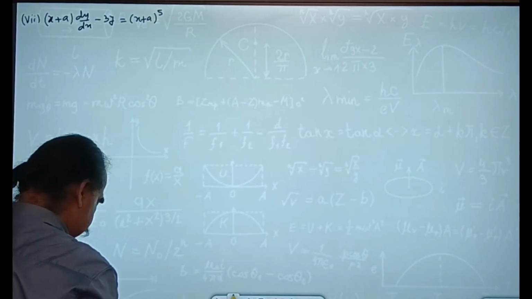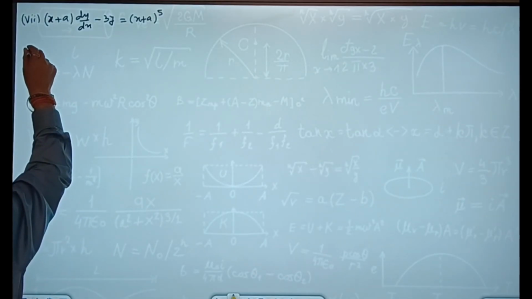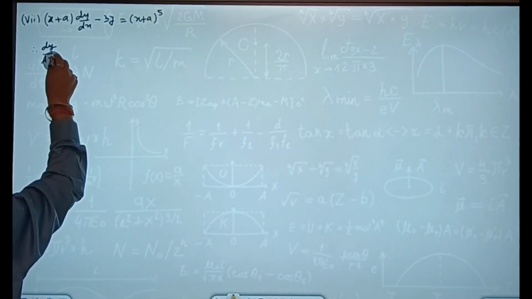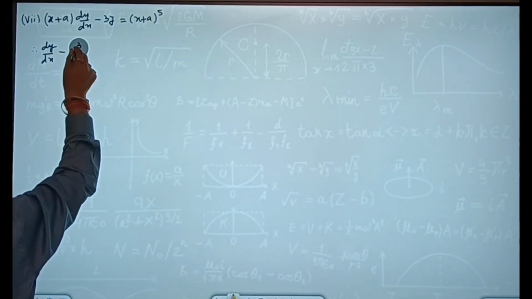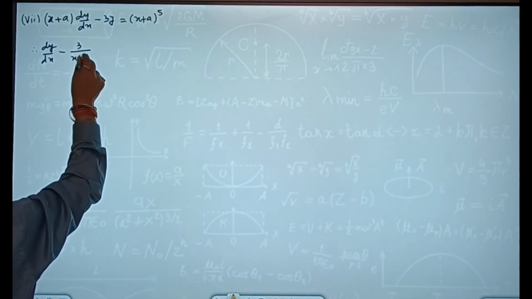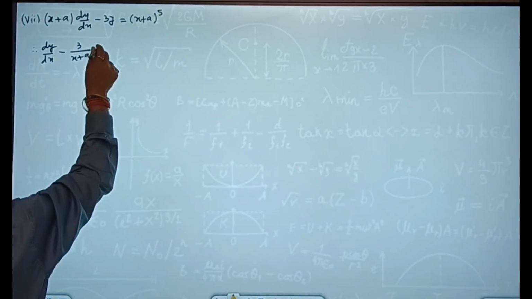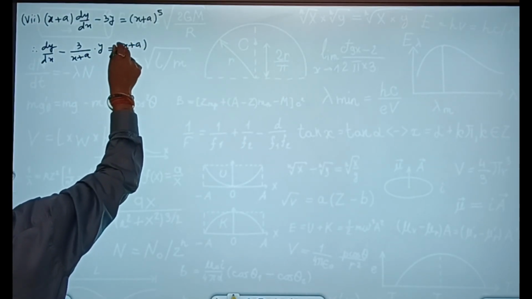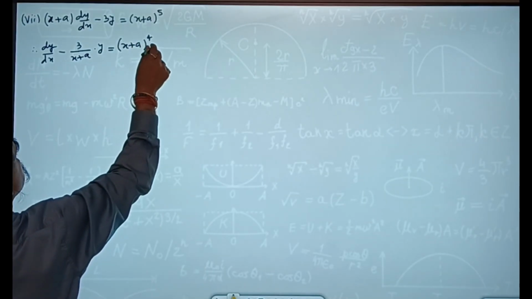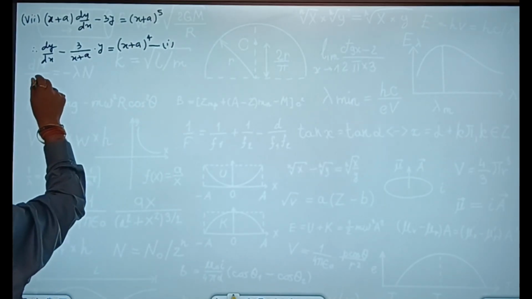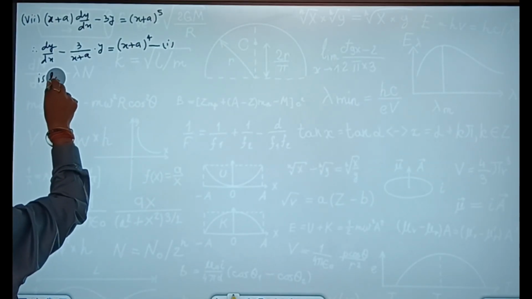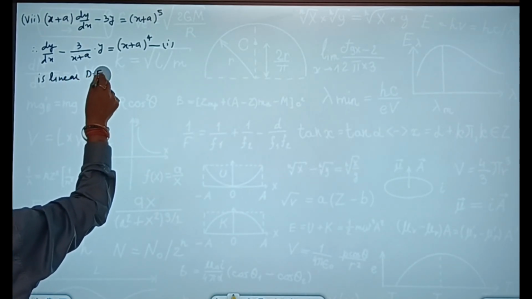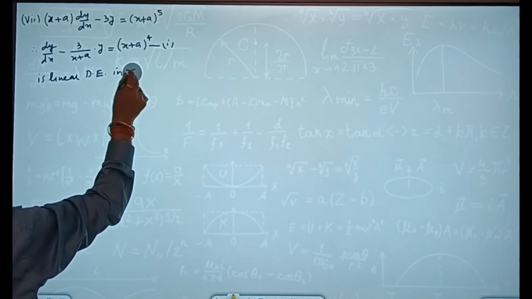We'll divide by x plus a. So dy by dx is minus 3 upon x plus a times y, equal to x plus a raised to 4. This is a linear differential equation in x.